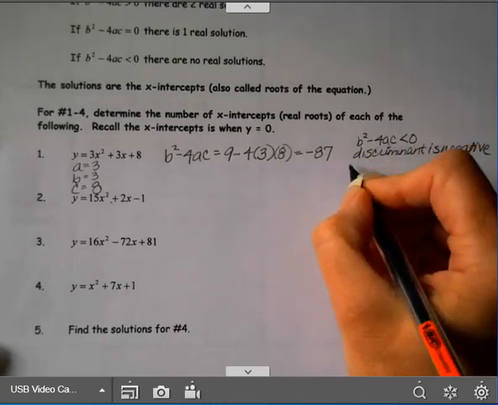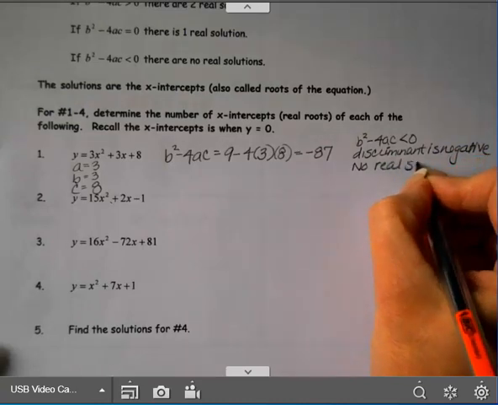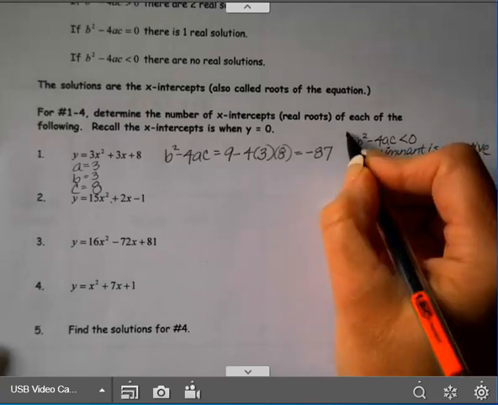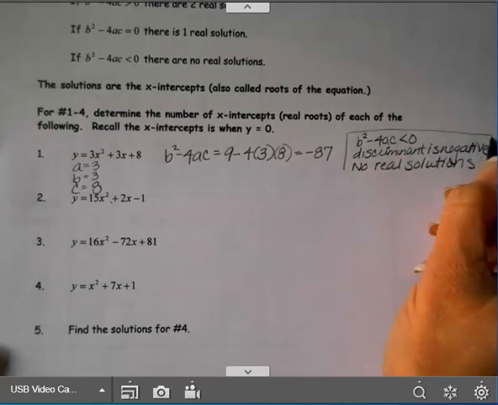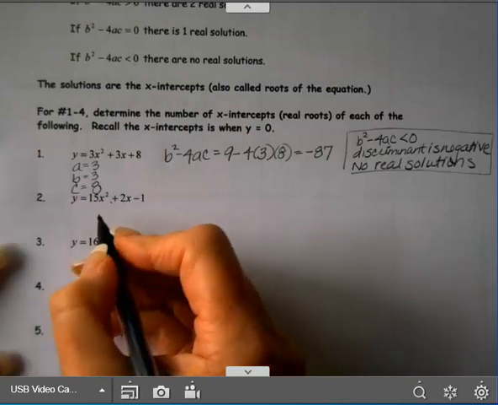Which means there are no real solutions. Okay, and so for the x-intercepts, it's not going to cross the x-axis.